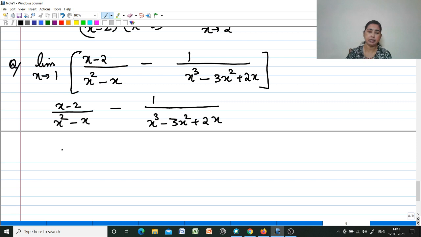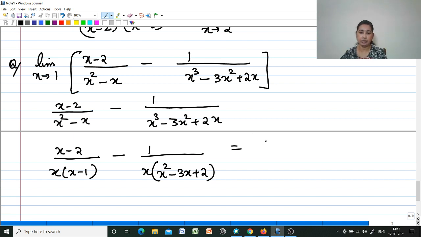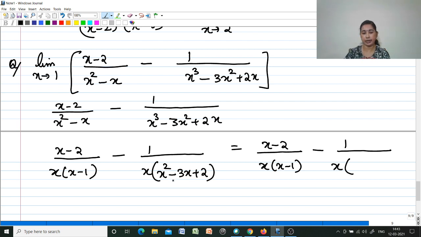Now this can be written as (x minus 2) by x into (x minus 1), minus 1 by, here also x is common in all three terms, so x into (x square minus 3x plus 2). That is equal to (x minus 2) by x into (x minus 1), minus 1 by x into (x square minus 3x plus 2), which can be factorized as (x minus 1) into (x minus 2).